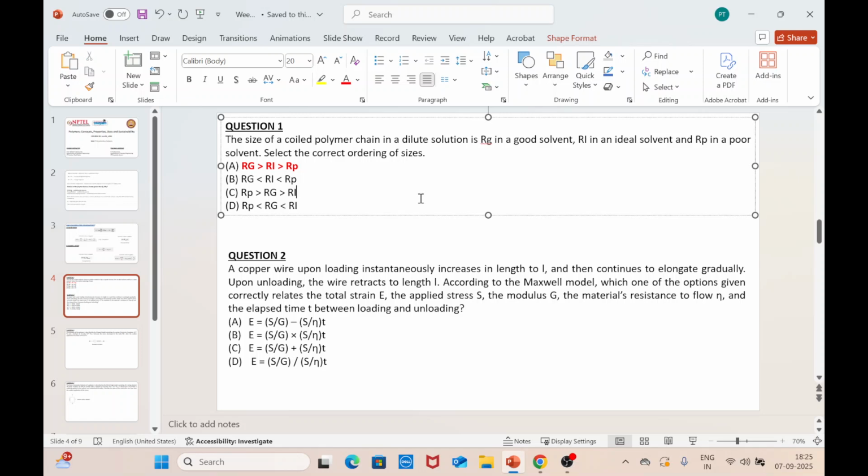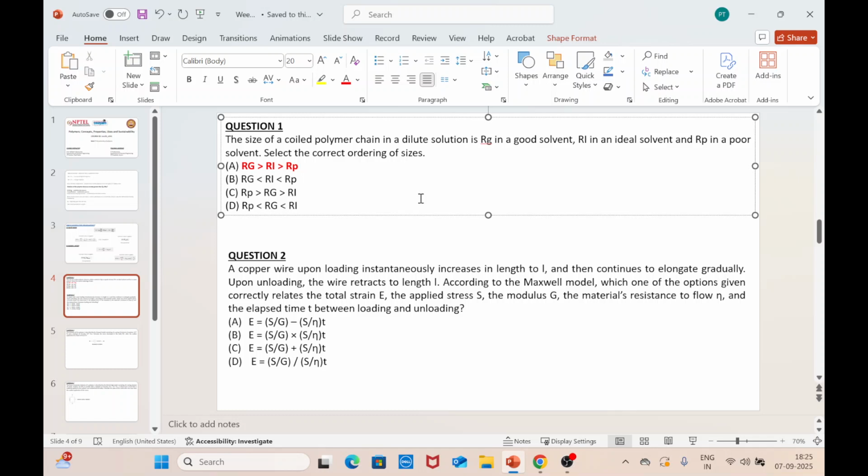Rg, in case of a good solvent, since it's going to go into an expanded state, its size is greater compared to Ri, which has no specific interactions with the solvent, and that is greater than Rp, which is nothing but, in case of a poor solvent, the polymer chain aggregates and gets coiled up even more and settles down at the bottom.